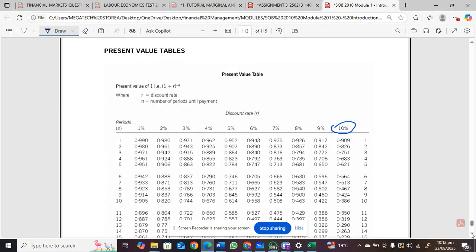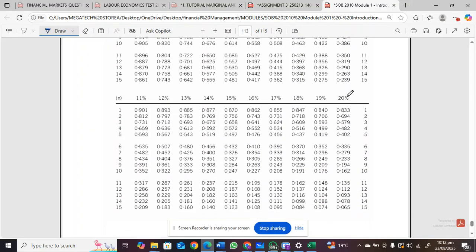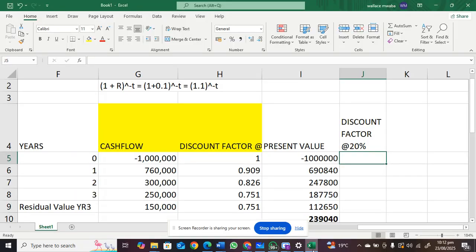We go to our present value table and look for our discount rate, which is 20%. These are the values we need to get. Discount factor in year 0 is 1. In year 1, the discount factor is 0.833.